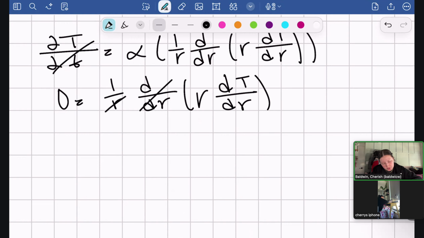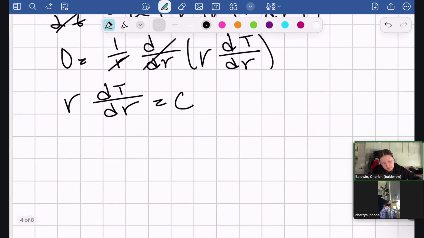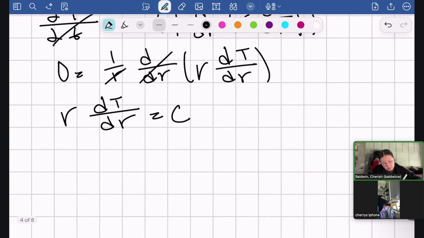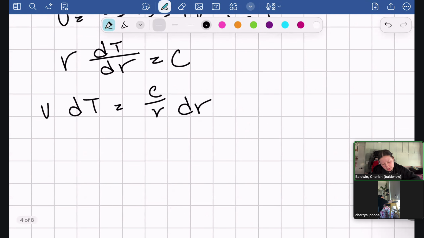So then that gives you R dT dr is equal to C. And now this is a separable equation, so you do dT equals C over R dr. And then we integrate this from T1 to T2, and then R1 to R2.